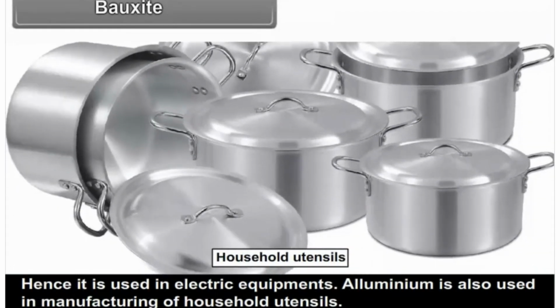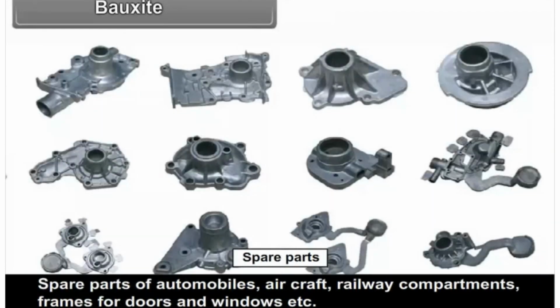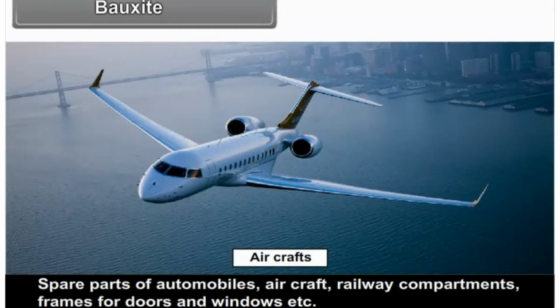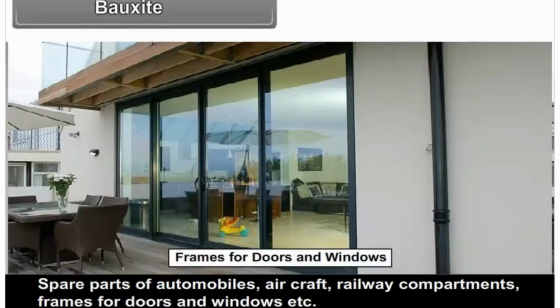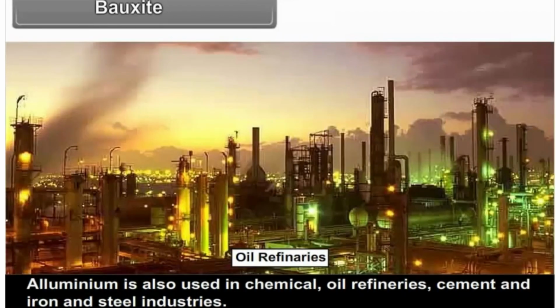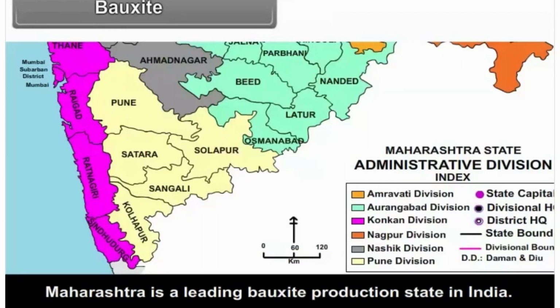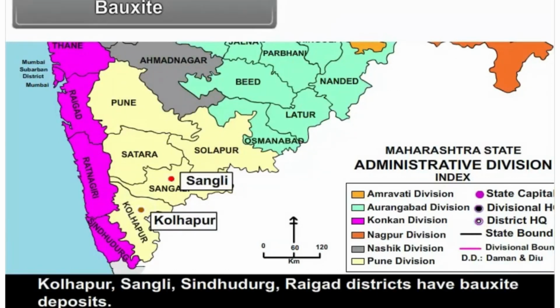Aluminium is also used in manufacturing household utensils, spare parts of automobiles, aircraft, railway compartments, frames for doors and windows, etc. Aluminium is also used in chemical, oil refineries, cement and iron and steel industries. Maharashtra is the leading bauxite producing state in India. Kolhapur, Sangli, Sindhudurg and Raigad districts have bauxite deposits.